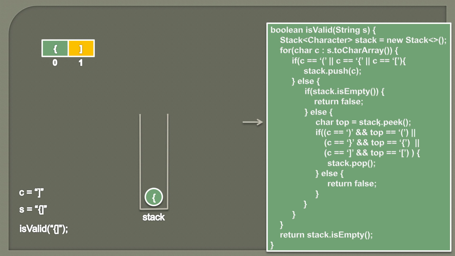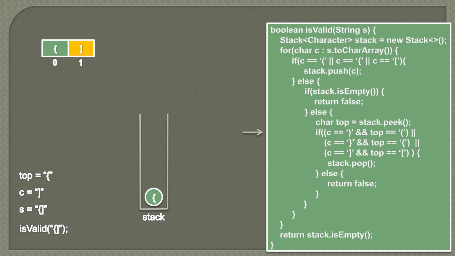When we call stack.peek, whichever element is on the top of the stack, that value will be returned from this method. So currently top will point to the opening curly bracket like this. And why we are looking into the topmost element on the stack is because we need to check whether this opening bracket is actually closed by the same type of bracket or not.